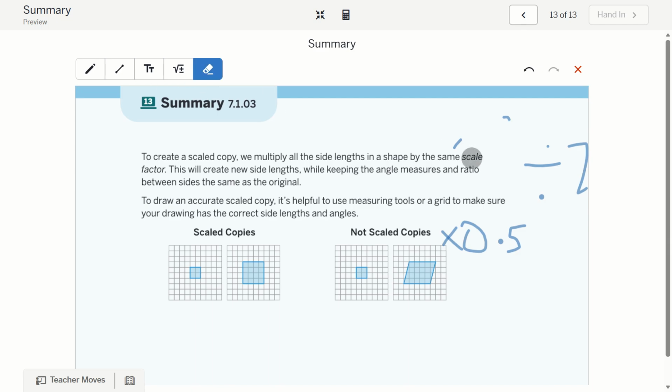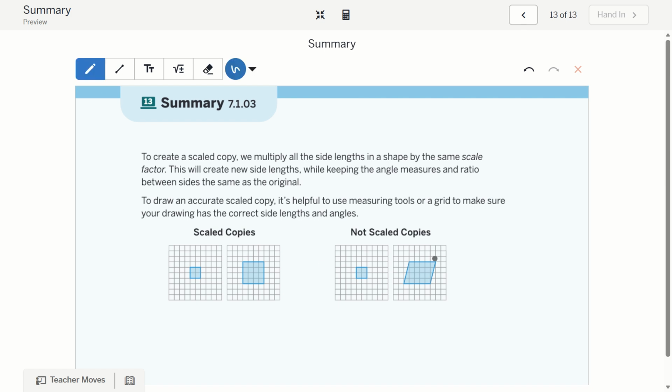So remember, a scale factor means all dimensions are going to be multiplied by that same number to change the shape bigger or smaller. We do not change the shape to where it becomes a new shape. In this example where it says not scaled, this went from a square to a what? Rhombus. Not scaled.